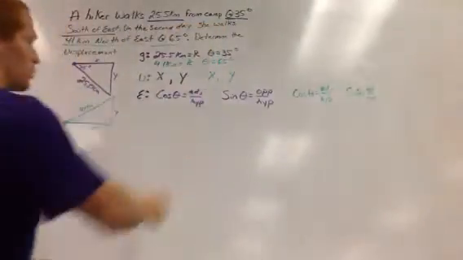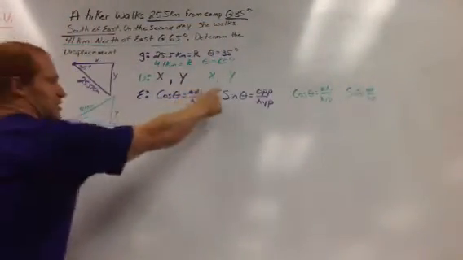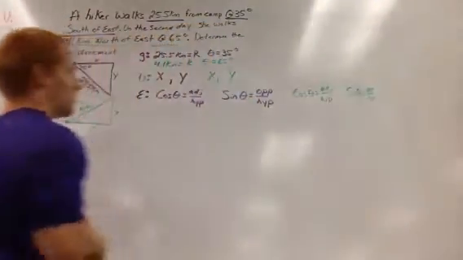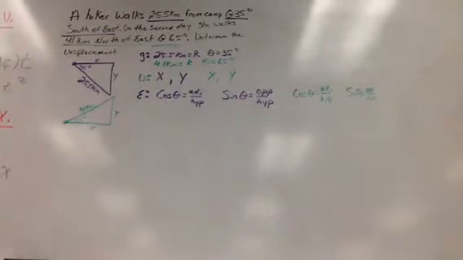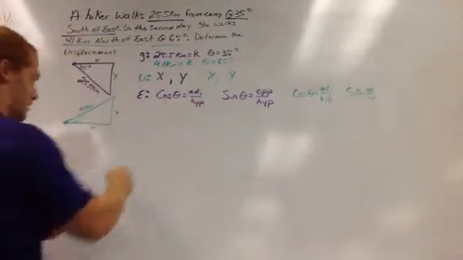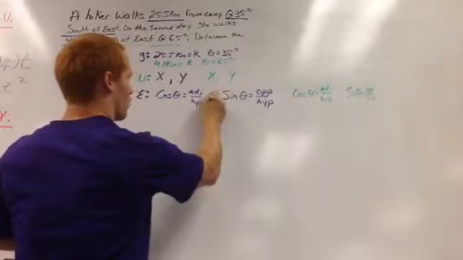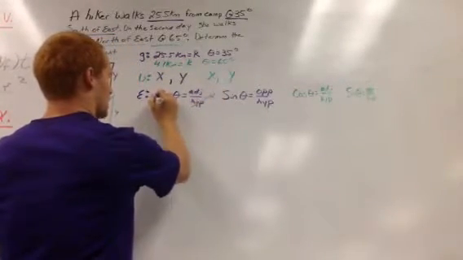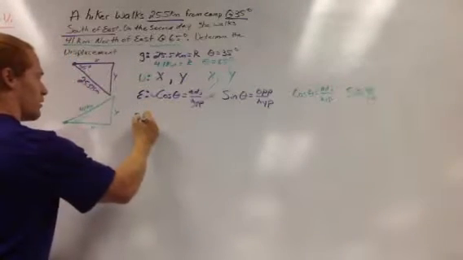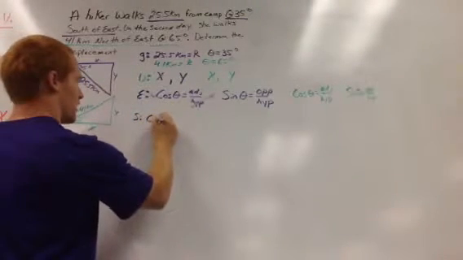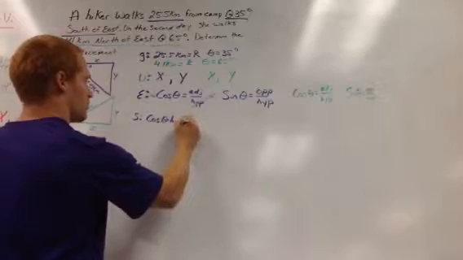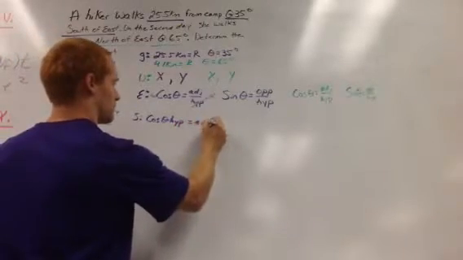Now to rearrange, we're trying to solve for the adjacent and the opposites in each one of these. So I'm going to multiply both sides by hypotenuse, because when we multiply by hypotenuse, it's going to get rid of it on the right and put it on the left. So for our sorting, I'm going to have cosine theta times hypotenuse equals adjacent.